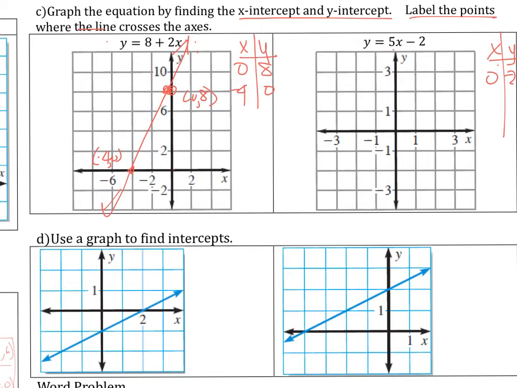And when y is 0, x is 2/5, which is about 0.4. Okay, so 0, -2, and let me label that. 2/5, 0, it's about here. I'm going to label that.